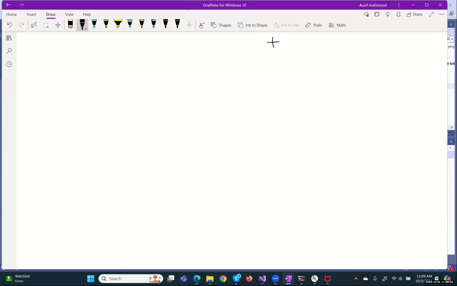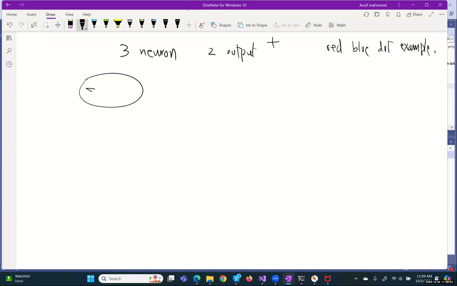So let's pick the example of this 3-neuron 2-output problem. Same, we have the red blue dot example. Let me quickly create this and we'll go over the equation so that everybody understands it.